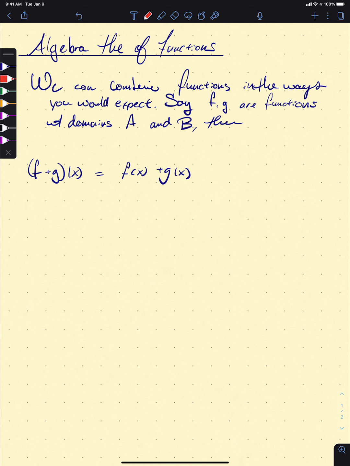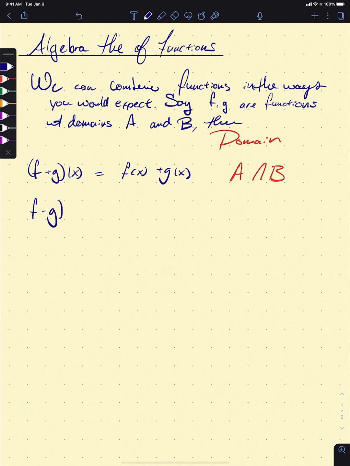So then the natural question is what happens to the domain? Well, in order to have this function exist, we need both f and g to exist, so our domain is the intersection. Where this intersection works as you would expect, again, as covered in 118. Our intersection is all the stuff that's in both.